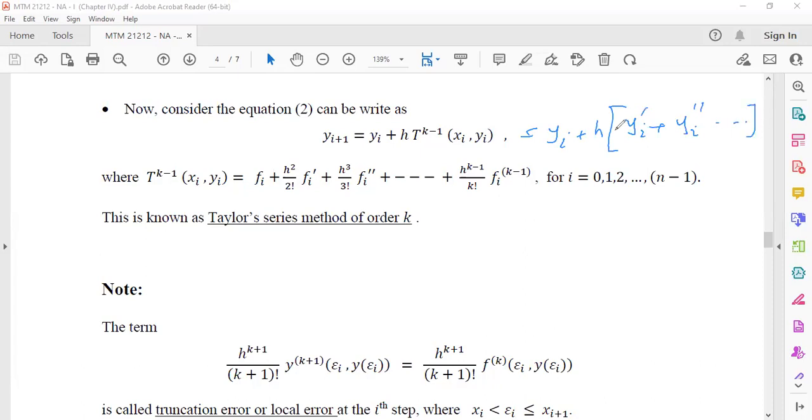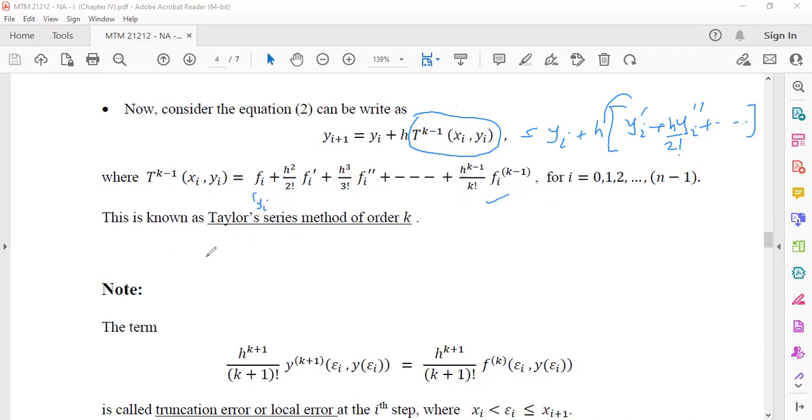I'm just taking h away, so one h is less in this series. Without the one h, we are taking this as T k minus 1 of x i, y i. Wherever y i, I put f i. I think you can understand this. This kind of equation we call a Taylor series method of order k.